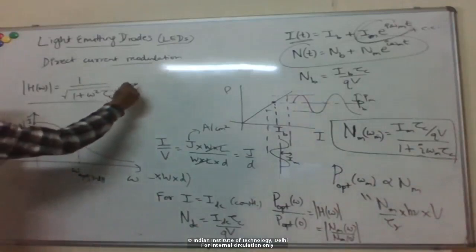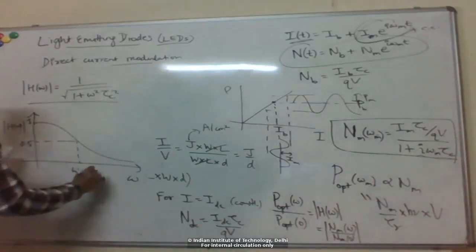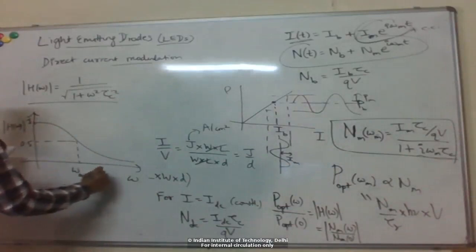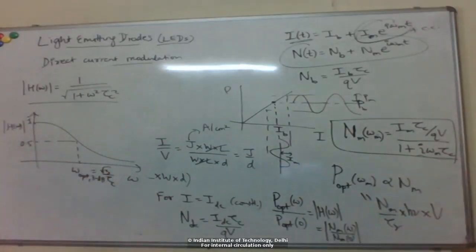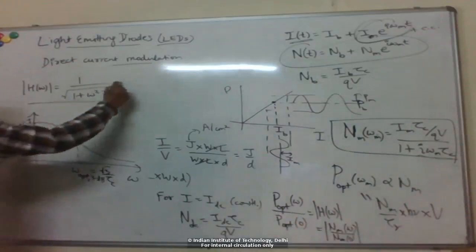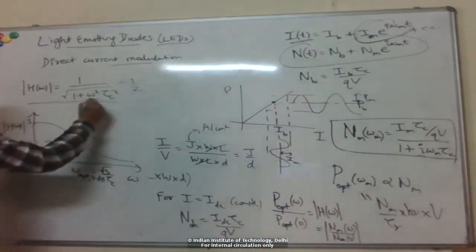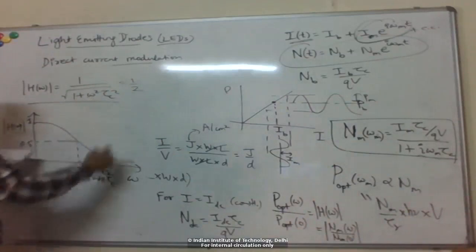If you put this equal to half, you can see that this occurs at root 3 over tau c. Basically, the quantity inside the square root has to be 4, so this has to be 3, right? So omega has to be square root of 3 by tau c.